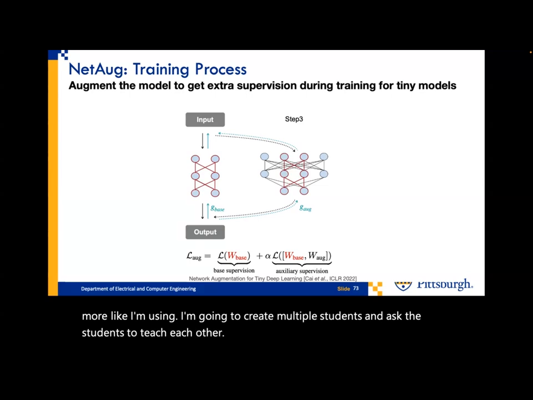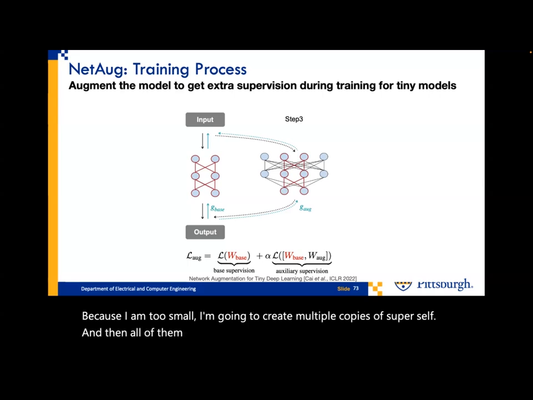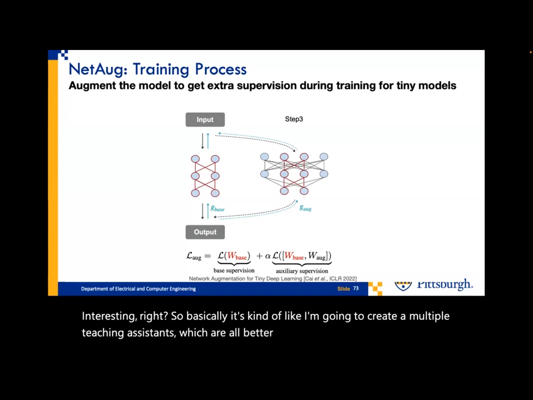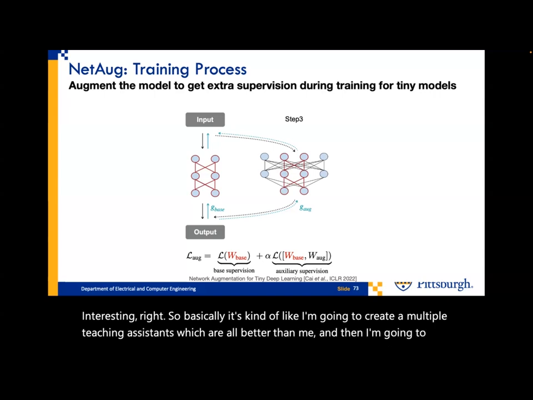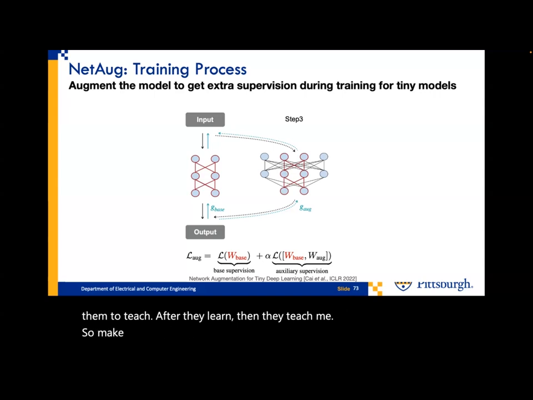And this network augmentation essentially is that because I am too small, I'm going to create multiple copies of a super self, and all of them learn and then teach me. Interesting, right? Basically, it's like creating multiple teaching assistants which are all better than me. After they learn, they teach me. Does that make sense? So that's the idea.